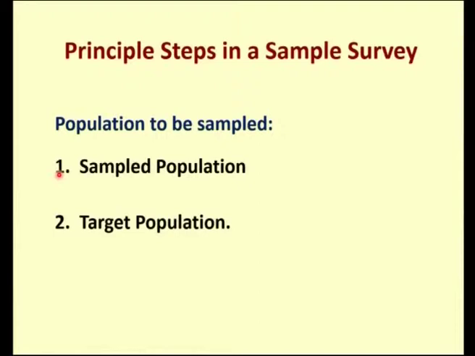The second important step is the population. We have two types of population, sampled population and target population. Sampled population is the population from which we are going to take a sample, and the target population is the population about which we are going to study.